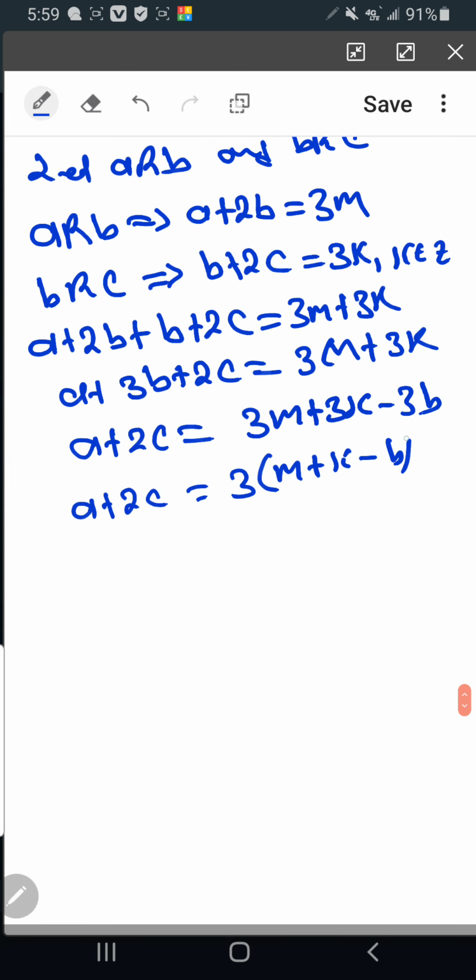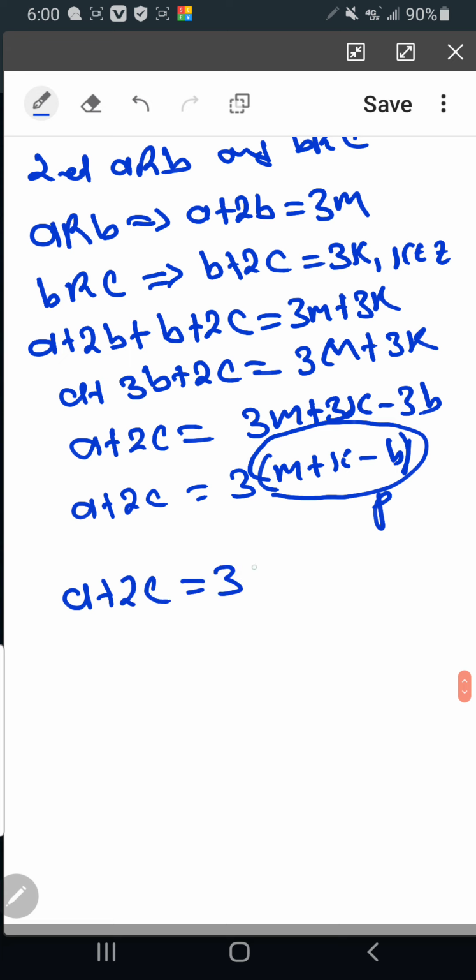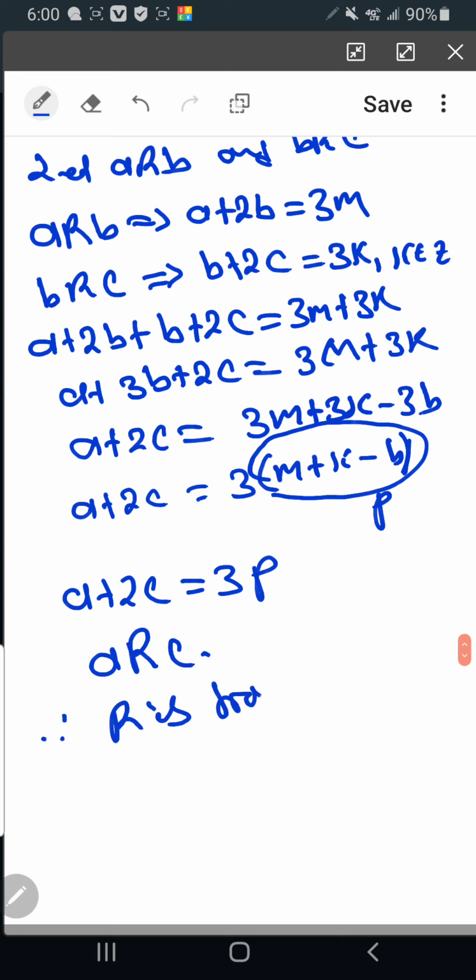This 3 times (m + k minus b) is a multiple of 3. We can call this whole thing p. I have a + 2c is equal to 3p. You see that a + 2c being a multiple of 3 means a relates c. Thus, R is transitive.